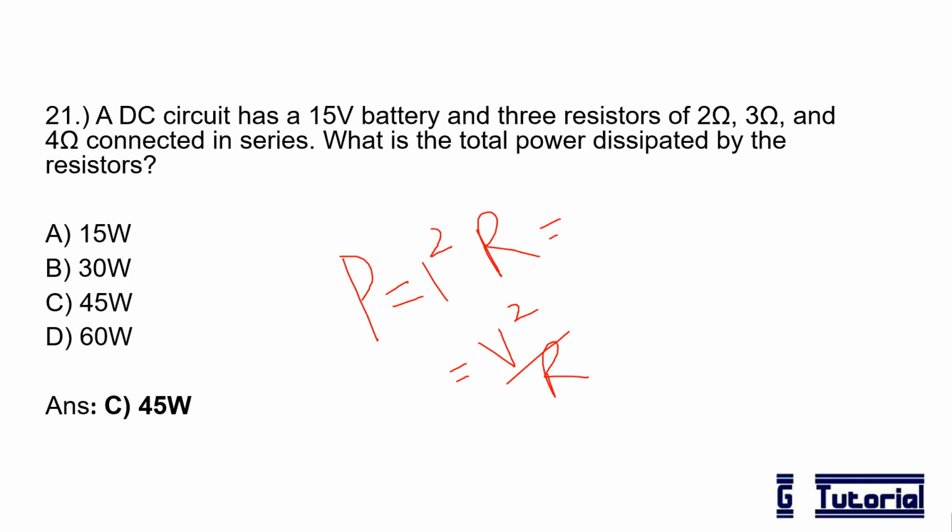So 15 by 9 is I. We can use the second formula, which is easy. V square is 15 square. 15 square is 225, divided by equivalent resistance 9. So 225 by 9, which is 25 watt, which is the power dissipated by the resistors.